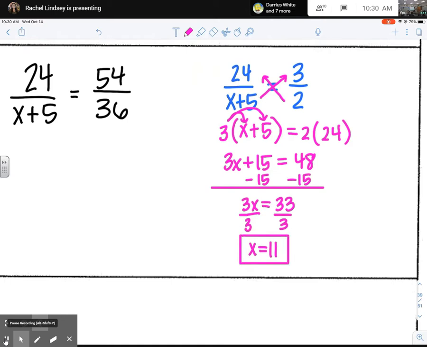Okay. So that's the way I would say to do it. If you forgot to reduce, I'm about to show you what you would have got over here. You're going to get x equals 11, but it's going to look a lot different.